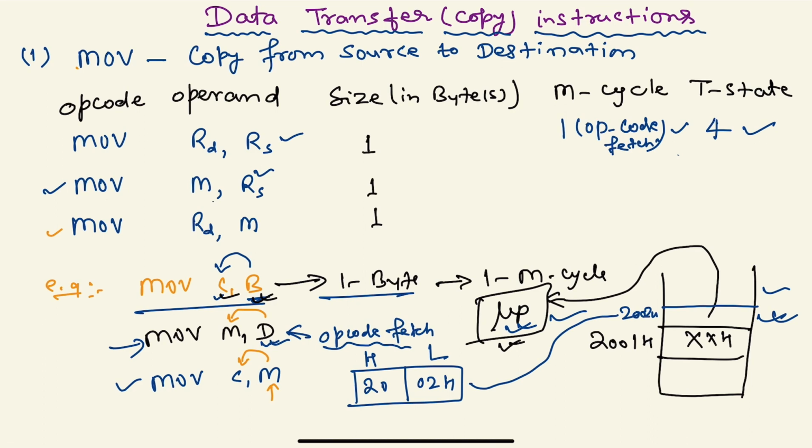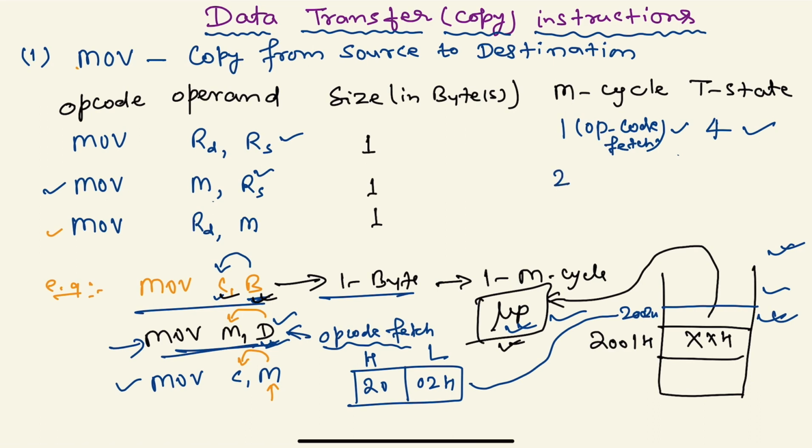So how many times is it accessing the memory? First to read the opcode, from wherever it is stored, and after that to store the content of the D register into the memory location whose address, 2002H, is given by the HL register pair. So ultimately it is accessing the memory chip 2 times. That is the reason 2 machine cycles are required here.